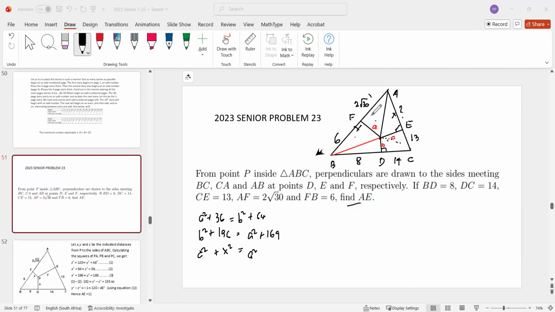Now when you square this, you get 120, 4 times 30. Okay, so now you've got three equations with three unknowns, so you should be able to calculate. Well, actually 4 unknowns. You got X squared here. All right, so this is supposed to be C squared plus 169. Sorry.